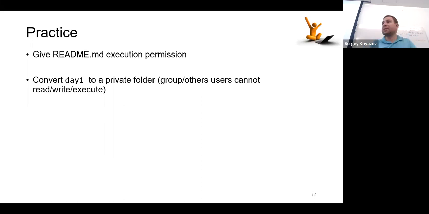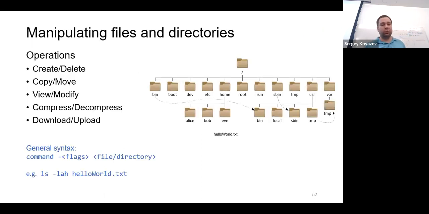Okay, our next topic is about modifying our file system. So currently we can only look into our file system, right? But we can also modify it. And in our next part, we are going to discuss how to do this. So there are several operations.